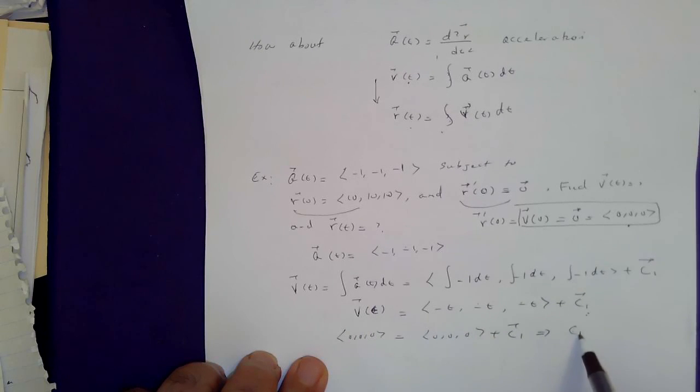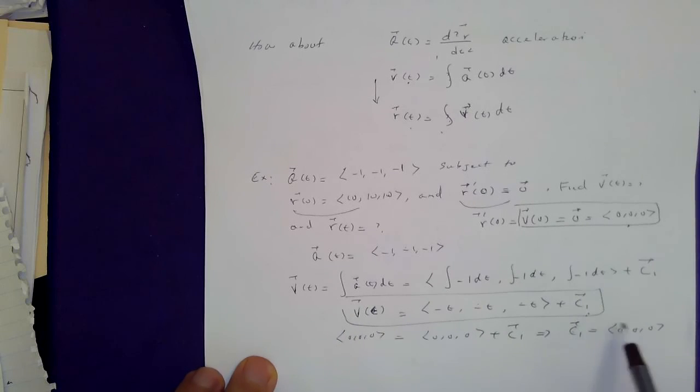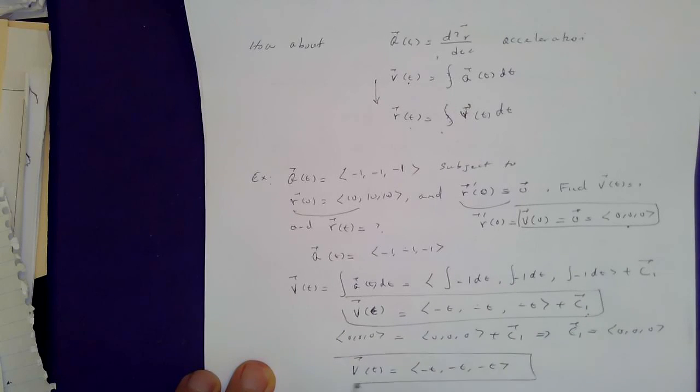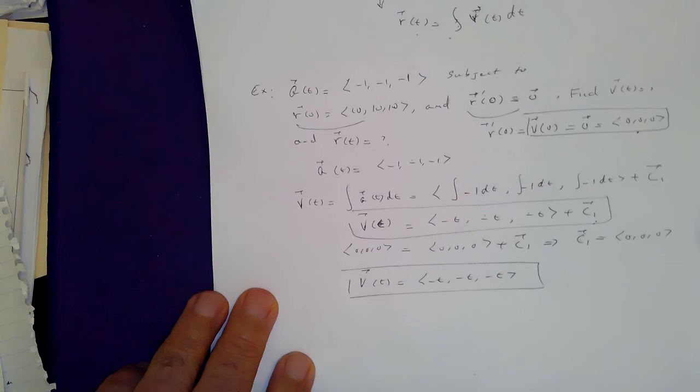And lo and behold, c1 comes up as a zero vector. So now go back to this velocity function, replace c1 with the zero vector. You're going to end up with (-t, -t, -t), and adding the zero vector to any vector is still the vector itself.